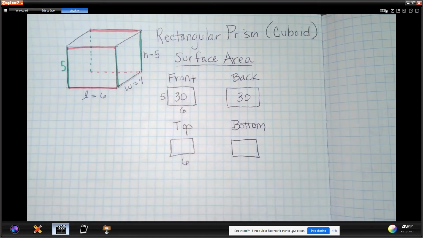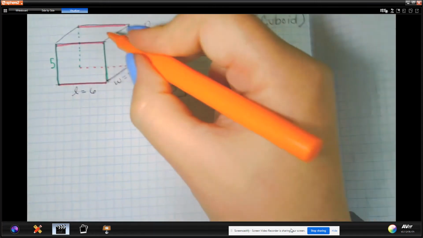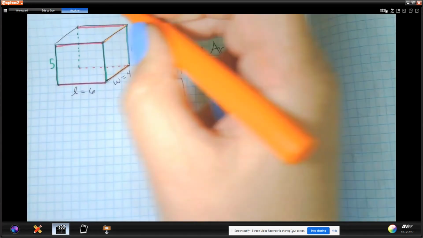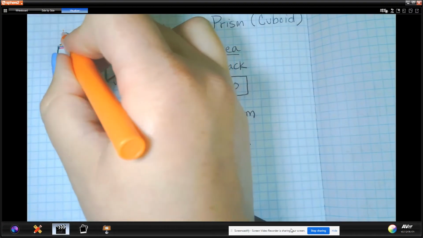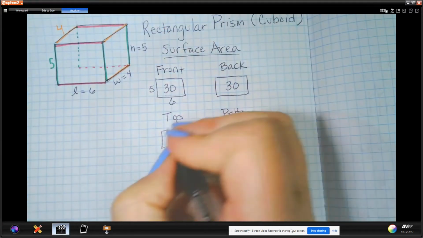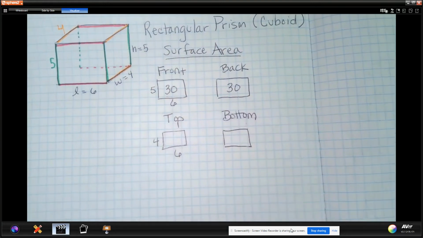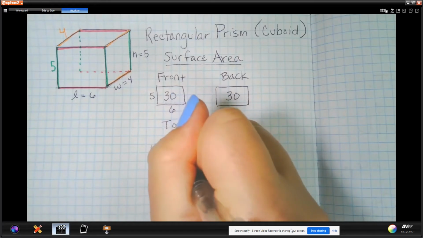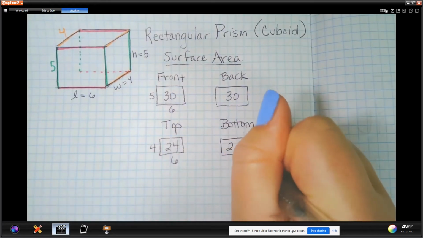But now I have a width. And in this case, here's my width, and that one's going to match. So the number that I need is 4. So let's go ahead and mark this with a 4. And we can do the area. 6 times 4 is 24. So the bottom is going to match.